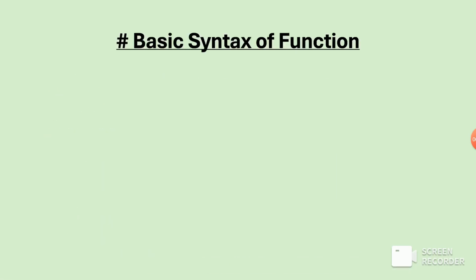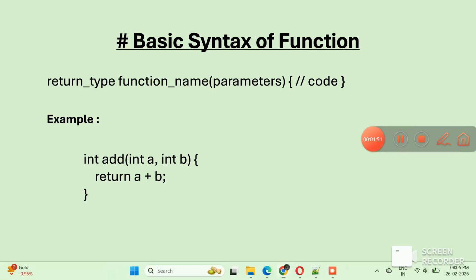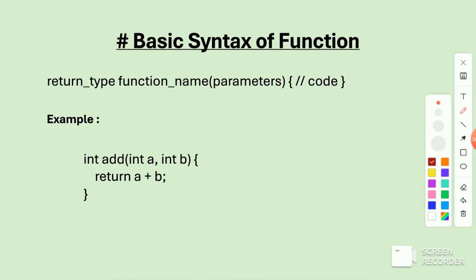Before the function name, we need to specify the return type, that is, what type of value the function returns. It may be integer, float, character, or string type. After the return type and function name, in brackets we specify the parameters, if we need to send any parameters.